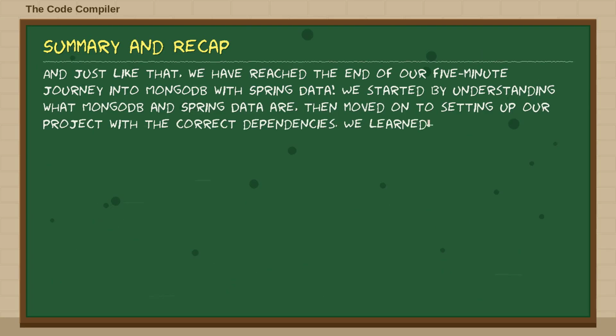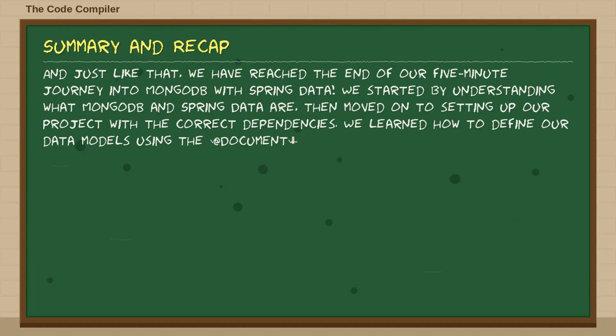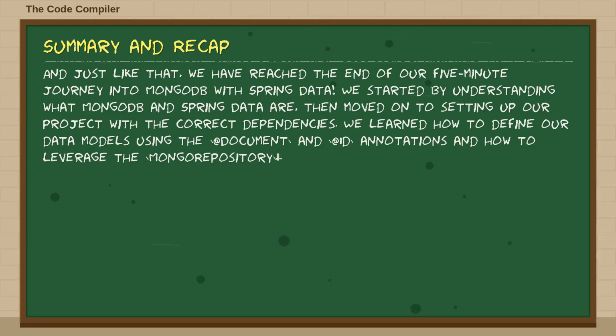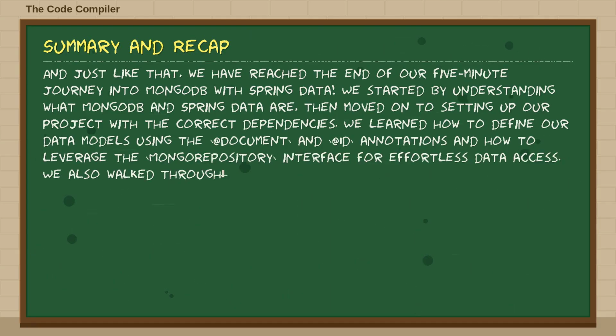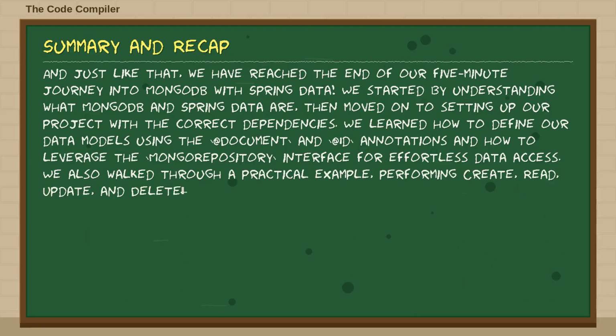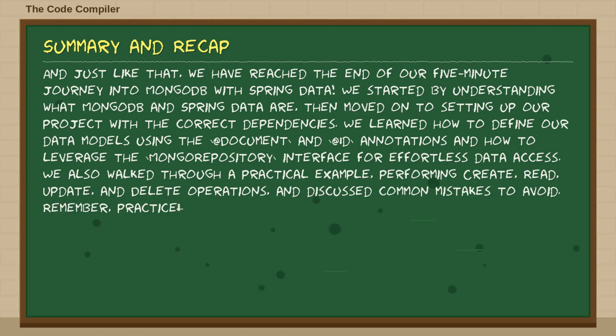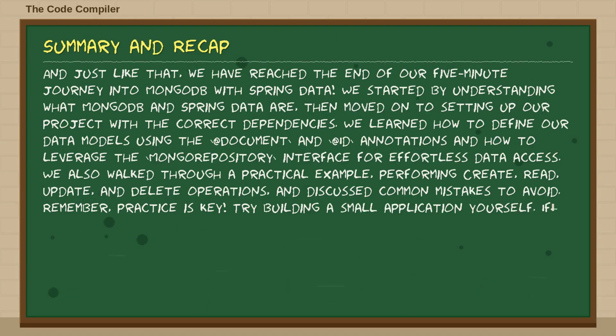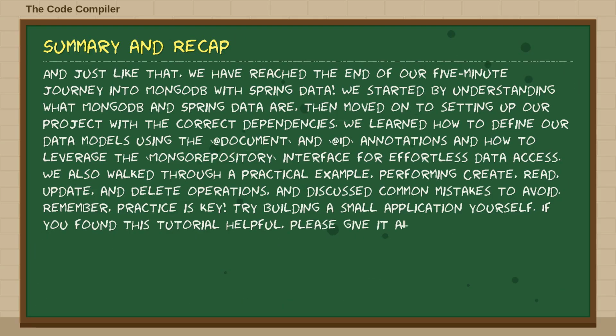We learned how to define our data models using the @Document and @Id annotations and how to leverage the Mongo repository interface for effortless data access. We also walked through a practical example, performing create, read, update, and delete operations, and discussed common mistakes to avoid. Remember, practice is key. Try building a small application yourself.